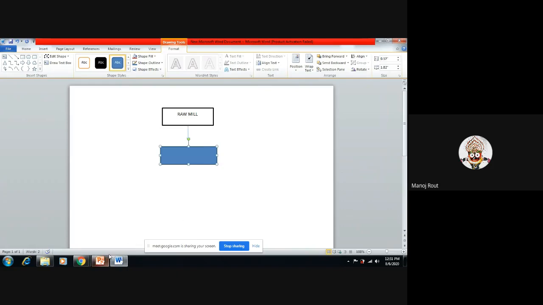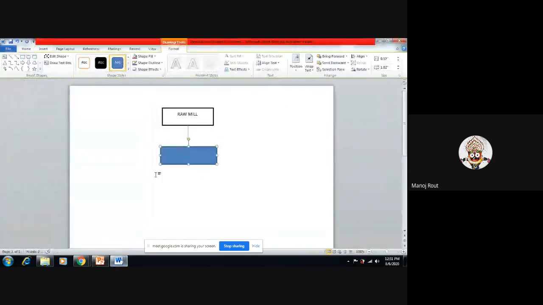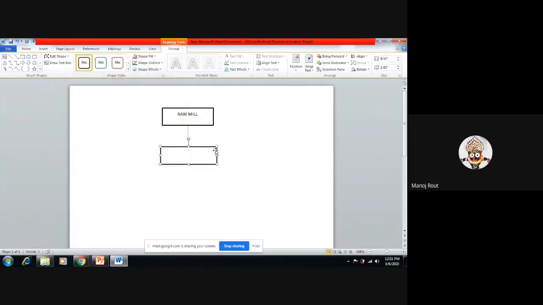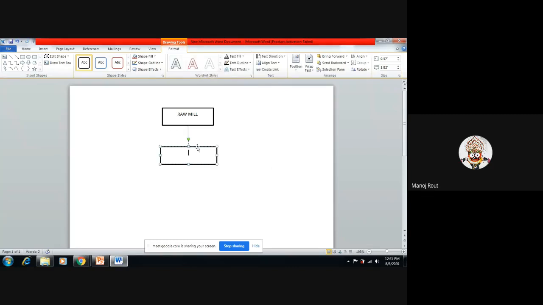The next process is the electrostatic precipitator. Add text, the electrostatic precipitator, like this. These are the different sequences of the cement industry.